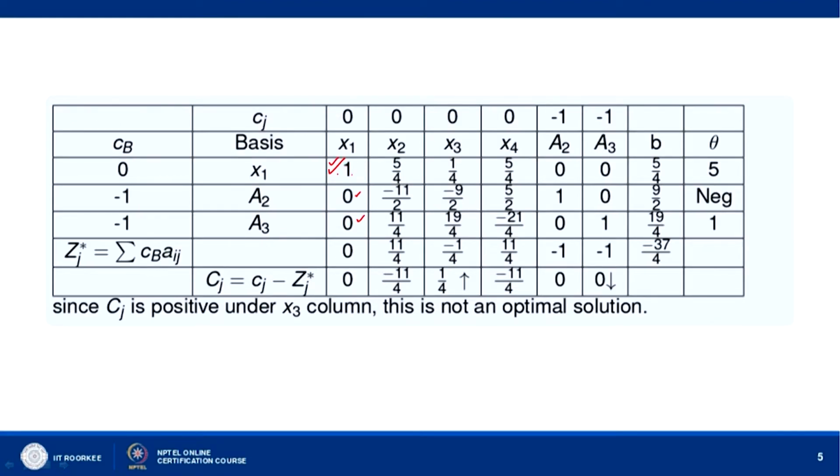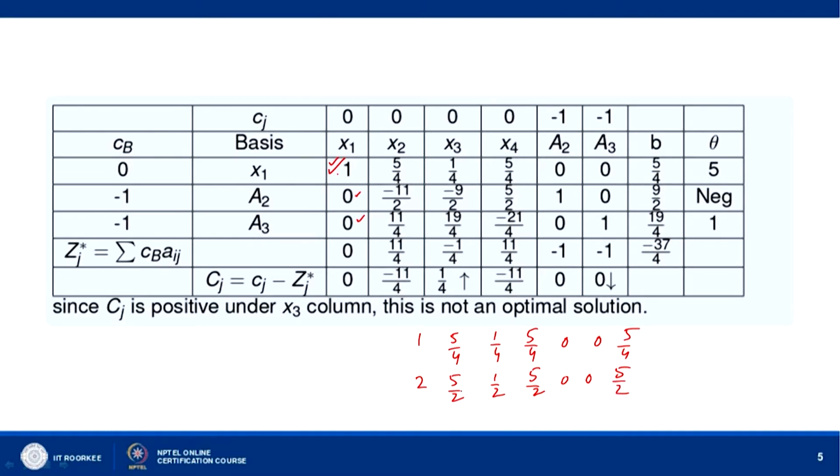So, let us multiply the elements 1, 5 by 4, 1 by 4, 5 by 4, and we get 0, 0, 5 by 4. These elements we multiply by 2 and subtract from the second row. When we multiply these by 2 we get 2, 5 by 2, 1 by 2, 5 by 2, 0, 0, 5 by 2.